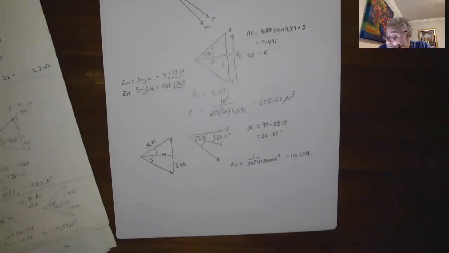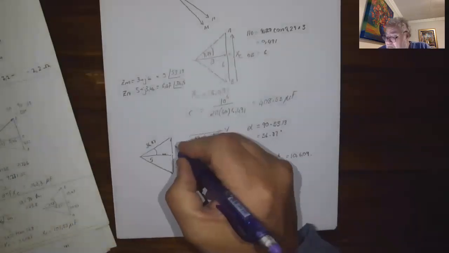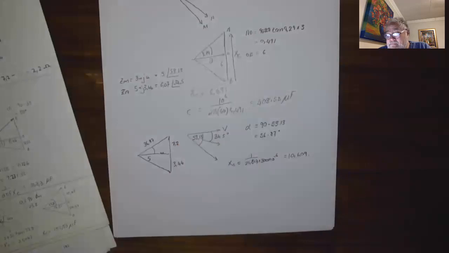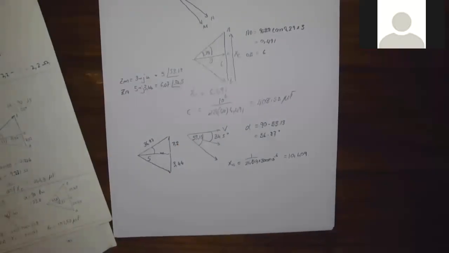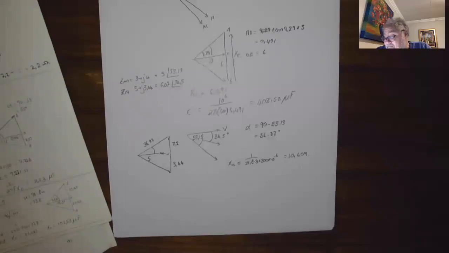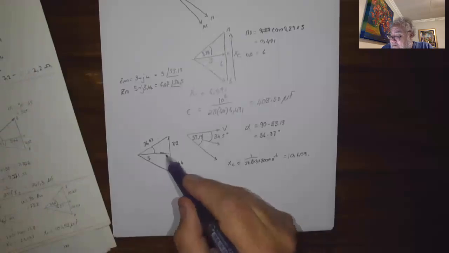So therefore, minus 3.44, that is 7.2. Okay. Now, what is this value?